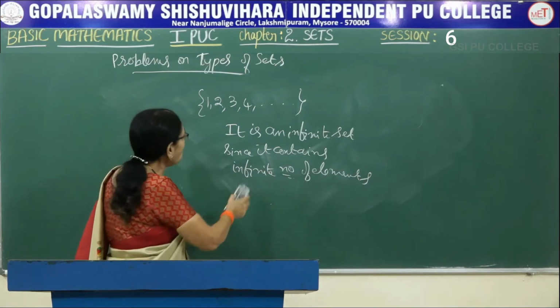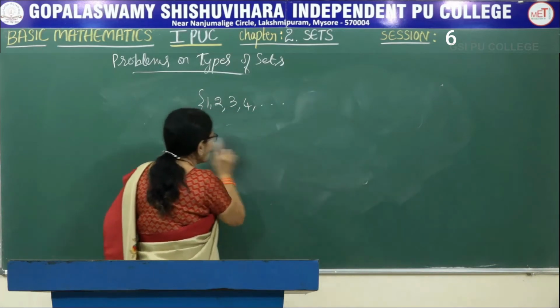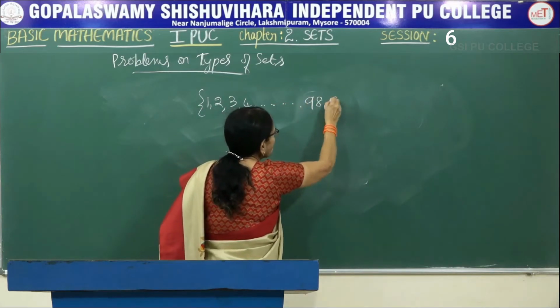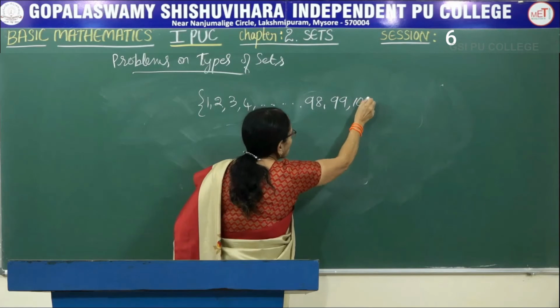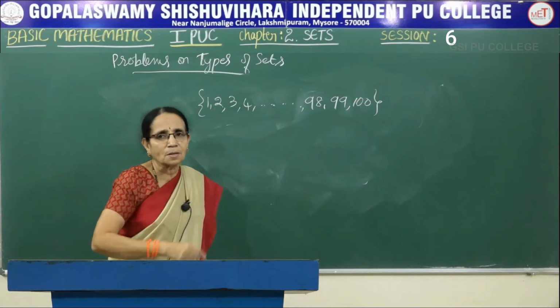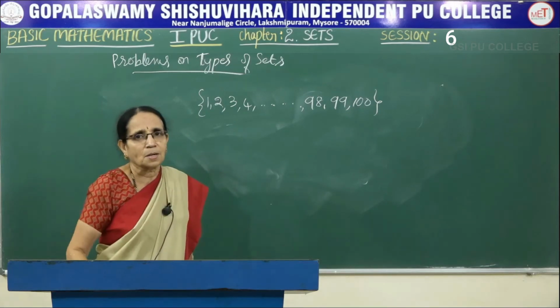Now, by making a small change in this one, I am considering the same set. Now I am putting dashes here, 98, 99, 100. Look here, the difference between the previous and this one. In the previous one, I had put the dashes and I had not written the last element here.